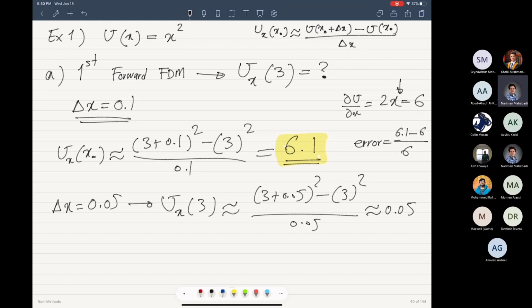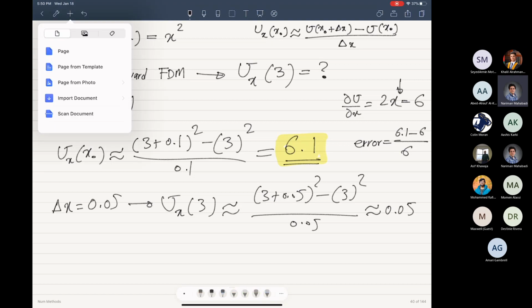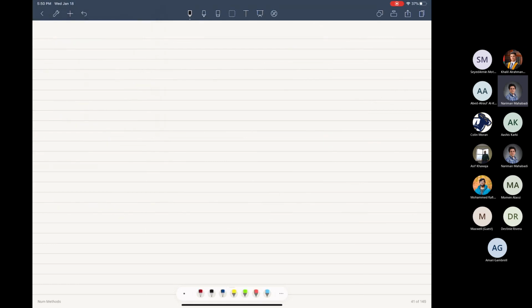Okay, good. So let's see how the other schemes of the finite difference method would work. If you need more time to take notes, just let me know. Otherwise, I can move to the next slide.